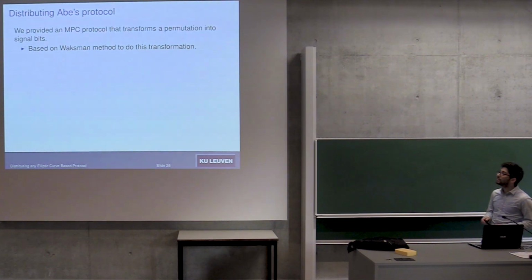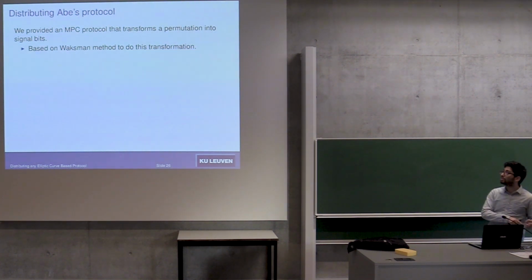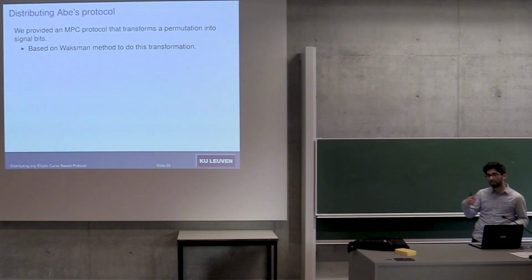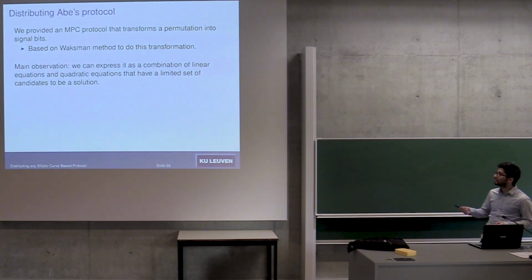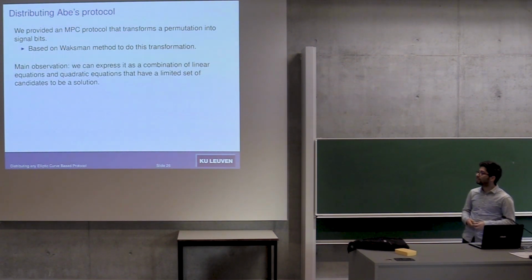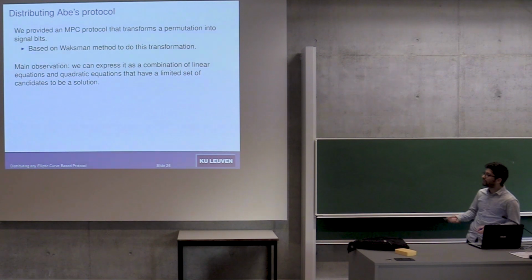And so in the original Waksman paper, he provided an algorithm to transform a permutation matrix to signal bits. And what we did is that we distributed that algorithm, so we expressed it through MPC. And the main observation that optimized the computation with that algorithm is that we can basically express that algorithm as a combination of linear equations, which are easy to solve with MPC, and also quadratic equations that have a limited set of candidates to be a solution.